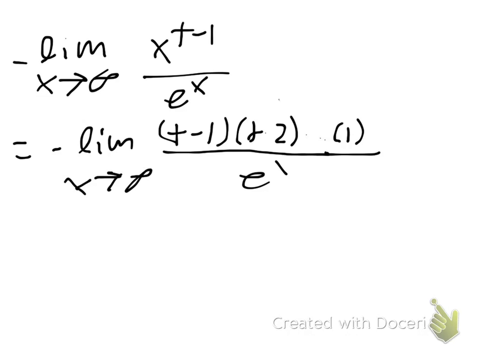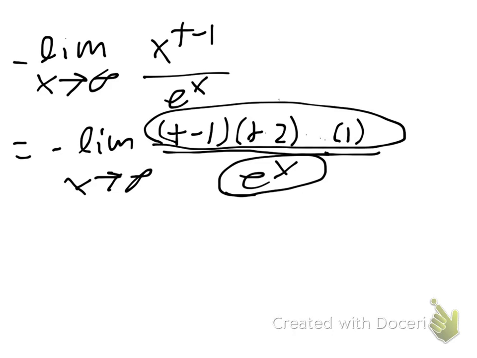And down here, this just stays e to the x. So now we see that as long as t is a finite number, this numerator is finite, but this denominator is going to go up to infinity. So this whole term is going to go to 0.